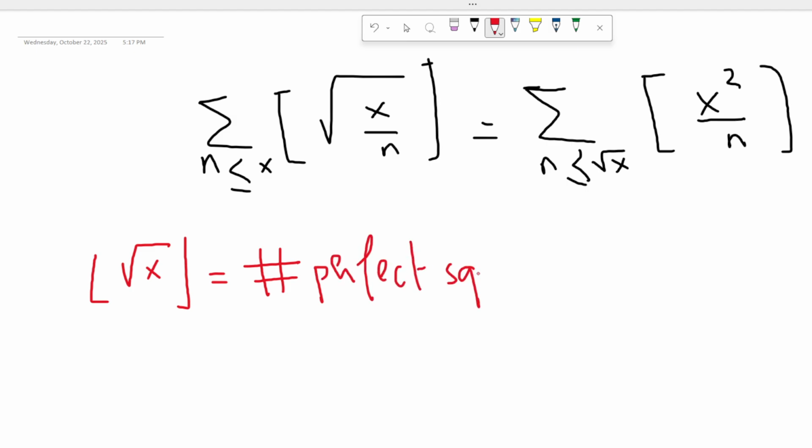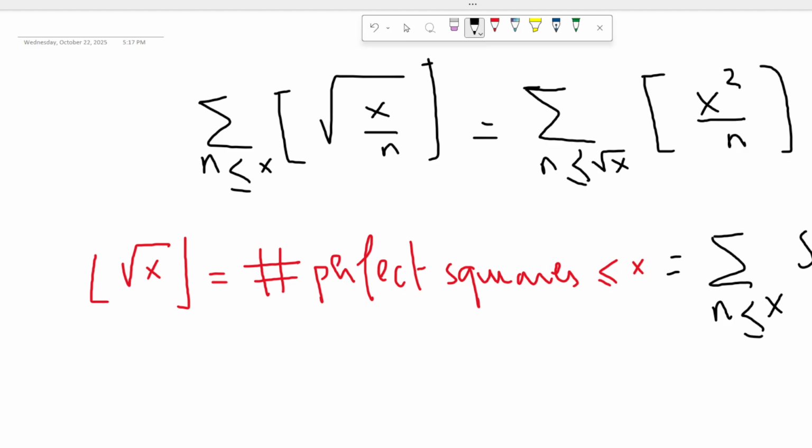Perfect squares less or equal than x. And this can also be written as the sum as n is less or equal than x of s of n. And s of n right over here, its name is the indicator function, the indicator square function.